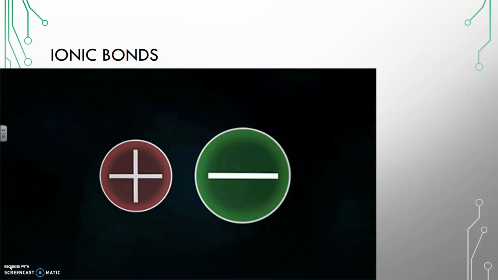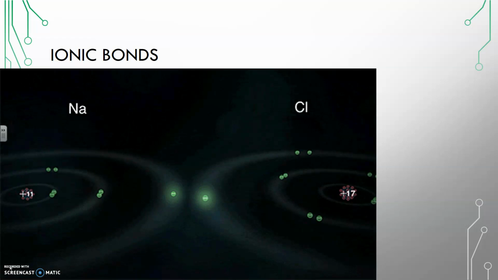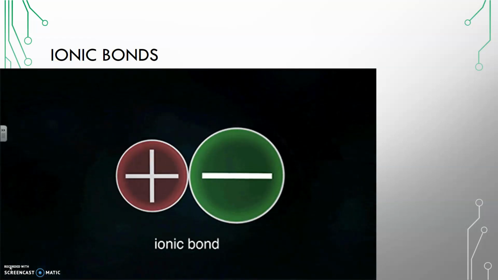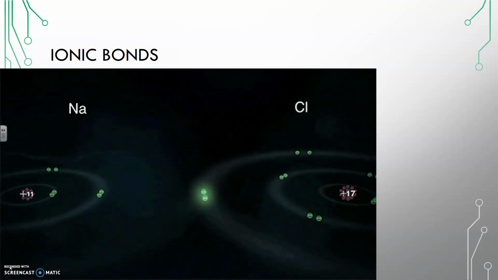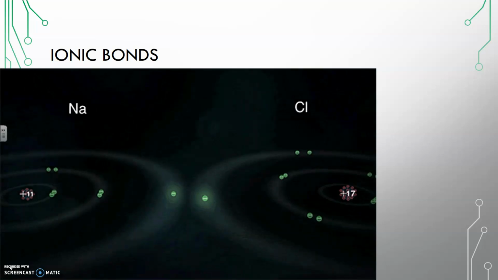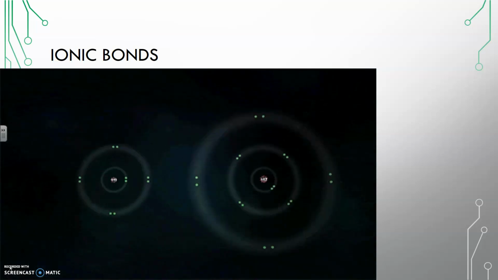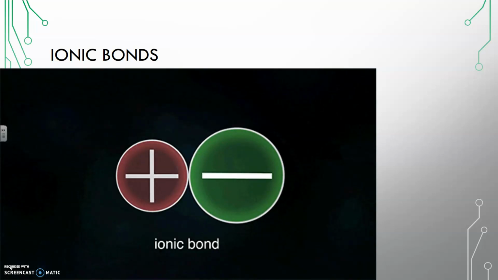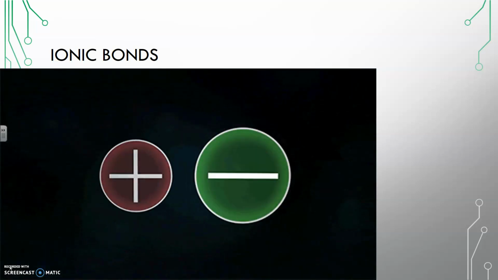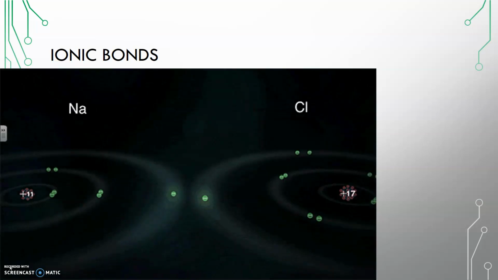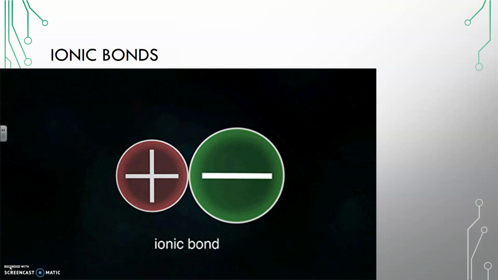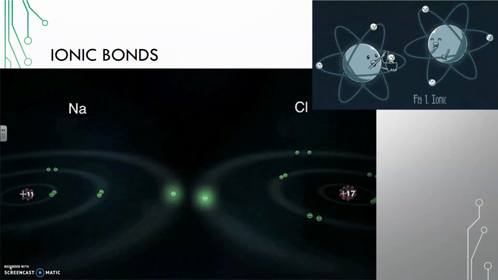It becomes negatively charged, and the sodium has lost a negative charge, meaning that it is now positively charged. Because you have opposite charges on the two atoms, they will attract each other. In this example, your sodium is your cation because it is positive, and your chlorine is your anion because it is negative.